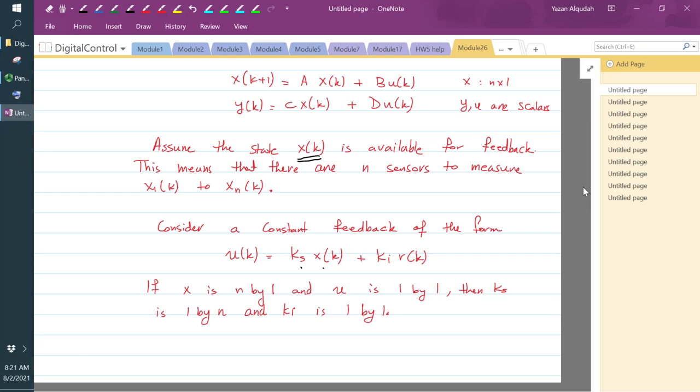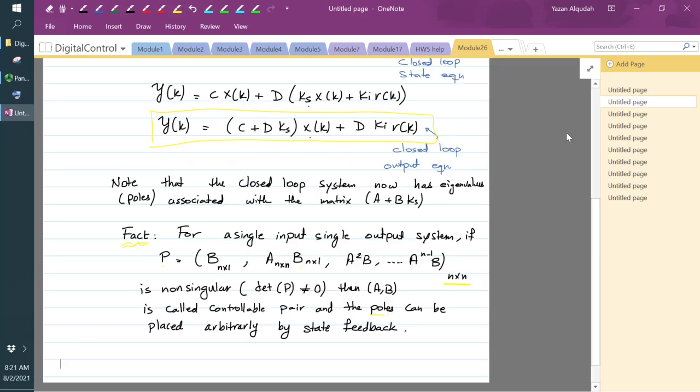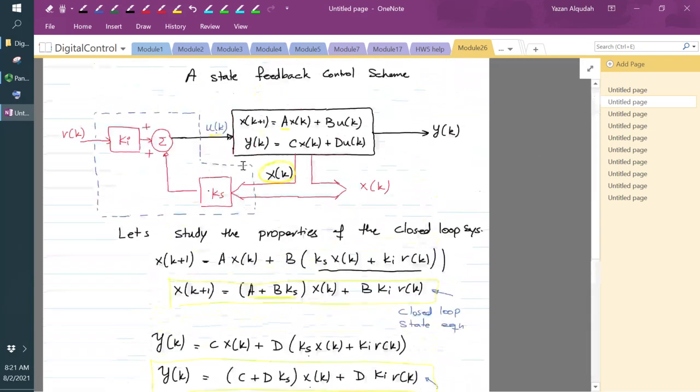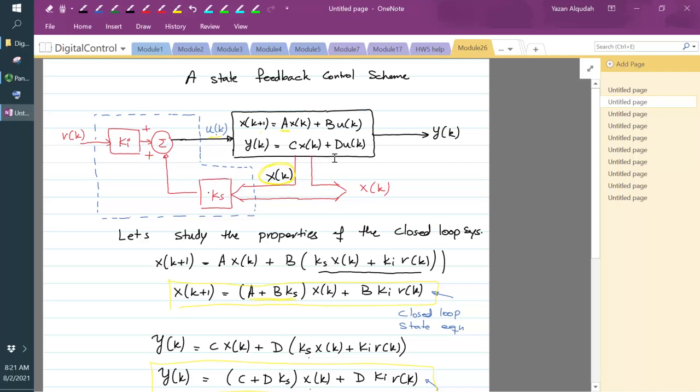If the system is controllable, then I can use state feedback in order to place the poles of my open loop system at any location. And this is how it is done. We take the states, multiply by a constant, take the input signal multiplied by a constant, and use that as the input of the open loop system.